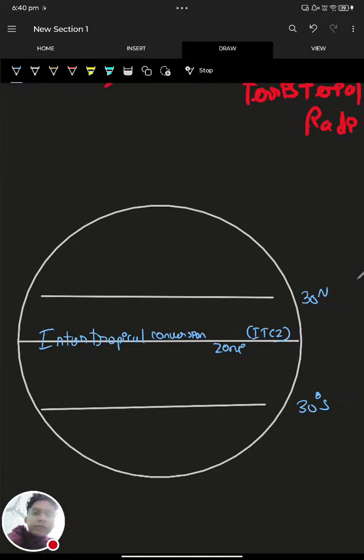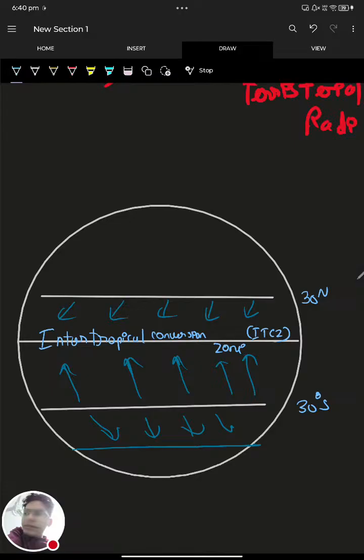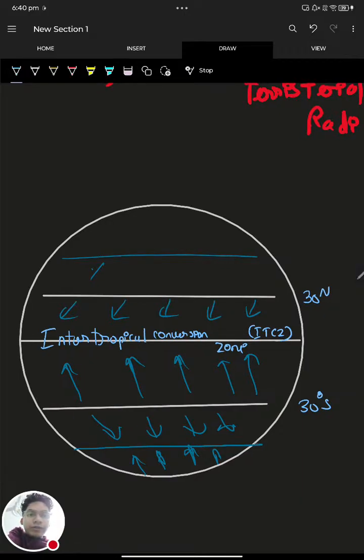The wind comes here, here, here, and here is also a line where the wind goes like there, there, and there. These winds go like this, then these guys would come here.